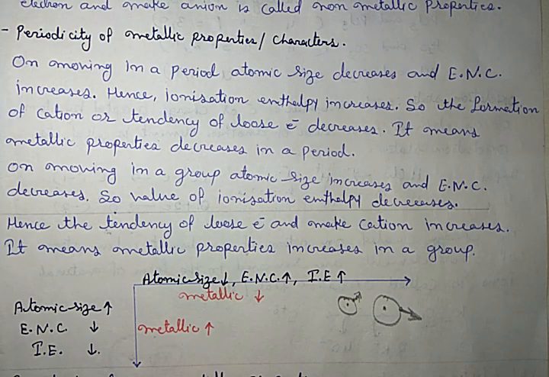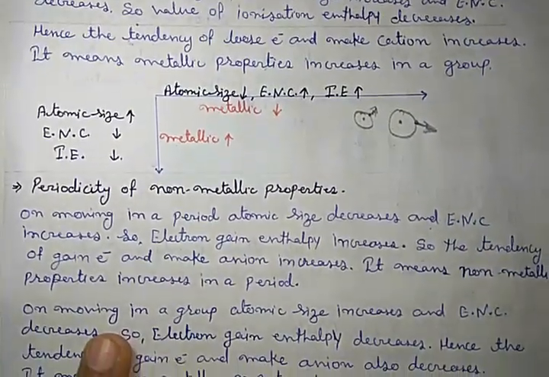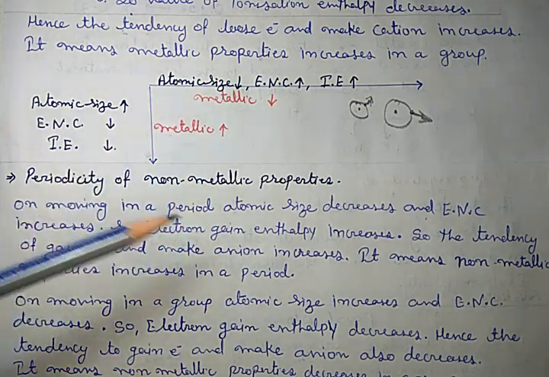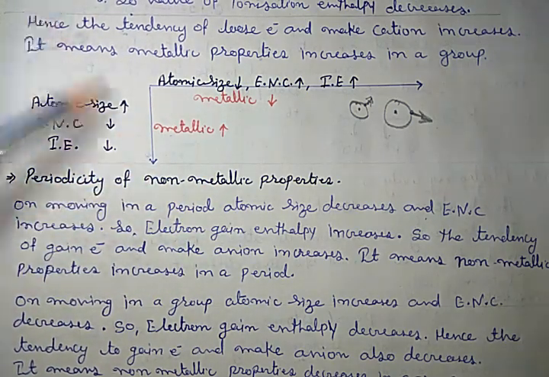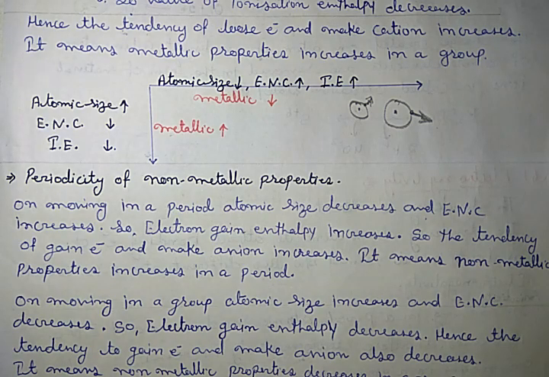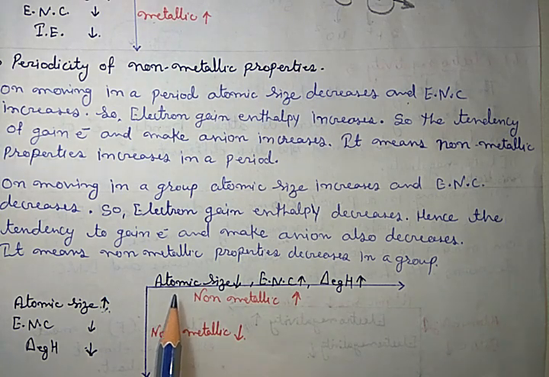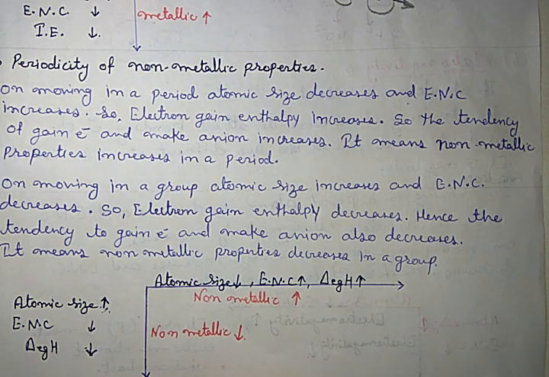Clear? Now, let me move to the second one, the periodicity of non-metallic properties. These properties are just the opposite of metallic properties. When we move in a period, atomic size decreases and effective nuclear charge increases. Because of that, the electron gain enthalpy, delta EGH, will also increase.